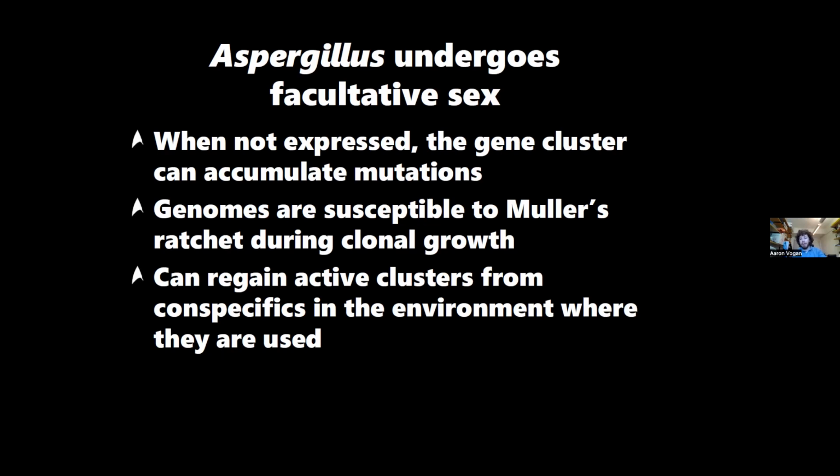It would be less fit, probably wouldn't be able to invade those environments. But as long as there's any Aspergillus fumigatus strain there, it can just pick it up again from one of its conspecifics in the environment, and away it goes. And I think this is something to think about more broadly as well, because it's not just fungi that do facultative sex. There are a lot of animals and plants that also do facultative sex, and they're also going to be susceptible to these types of dynamics.